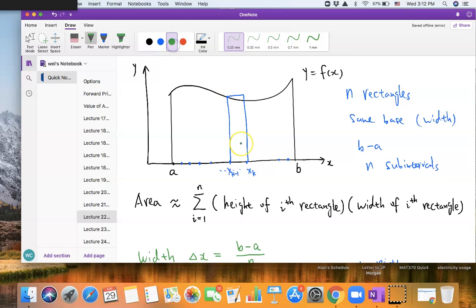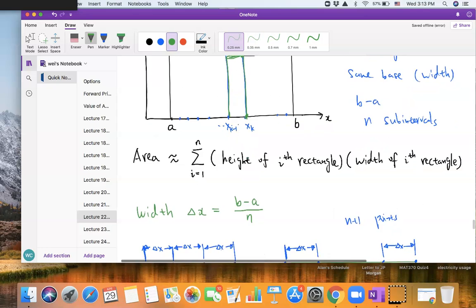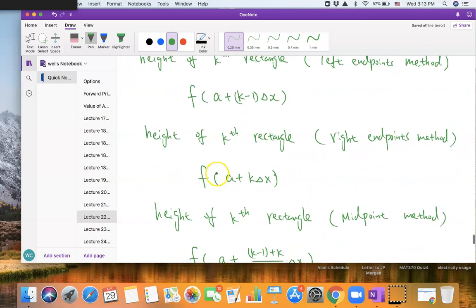In that case, the rectangle is going to be like this, and the height is f of (a plus k times delta x).